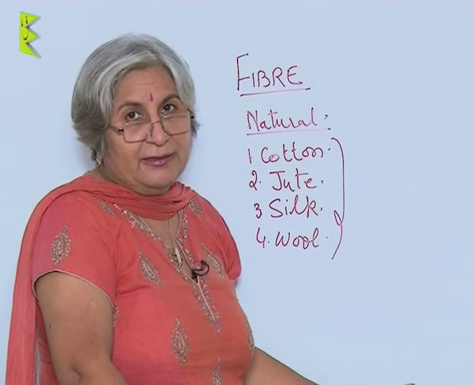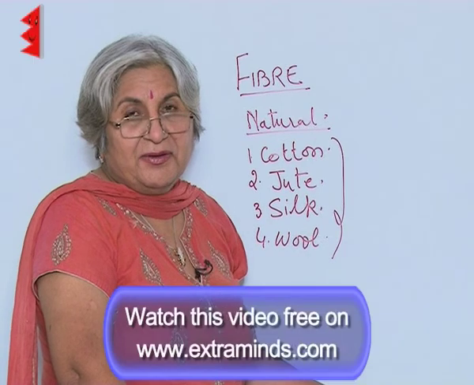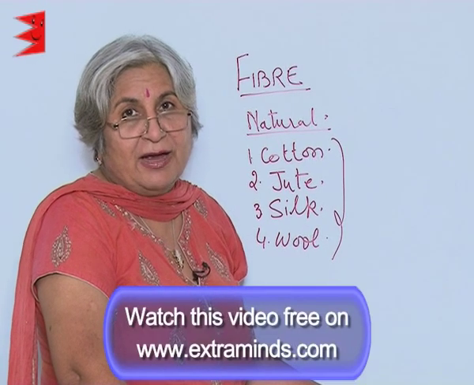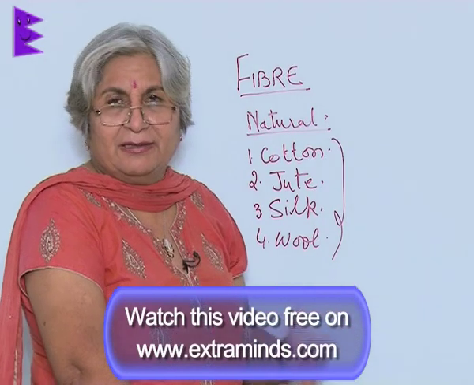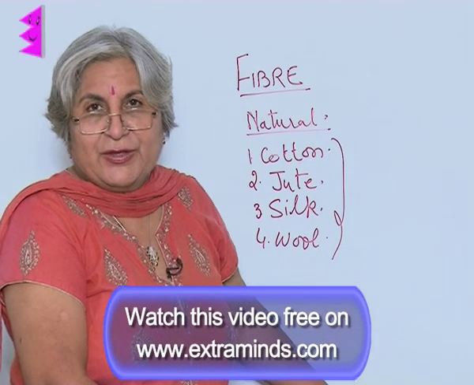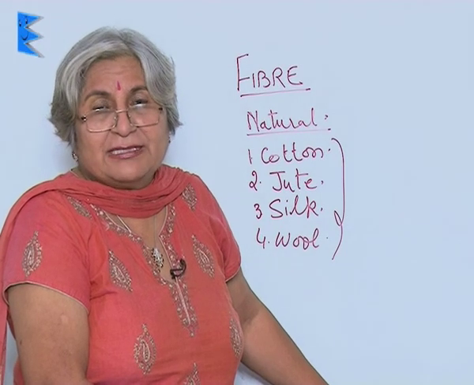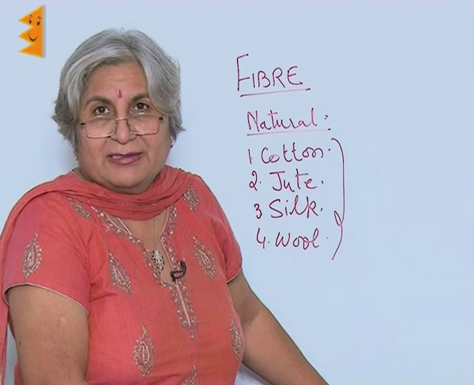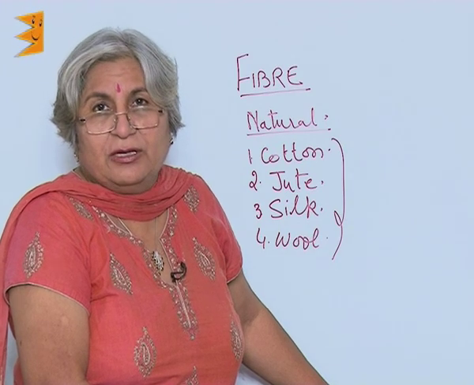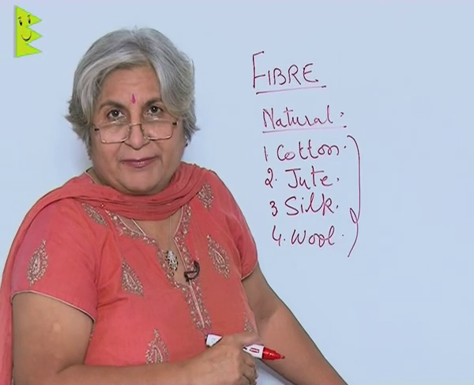Okay, fine. Now what about other fibers? Human beings don't get satisfied just by getting things from nature. They like to experiment, they like to make new things. So like in the case of silk, they found that silk was so expensive and so many animals have to be killed. Similarly, of course, in the case of wool, we don't have to kill the sheep because we just take out its fur.